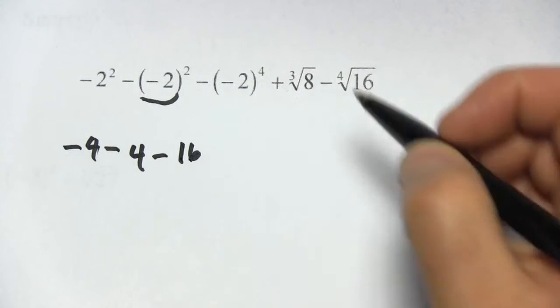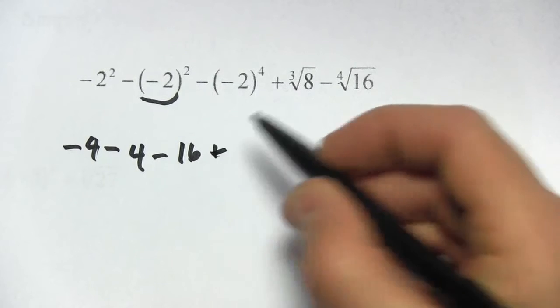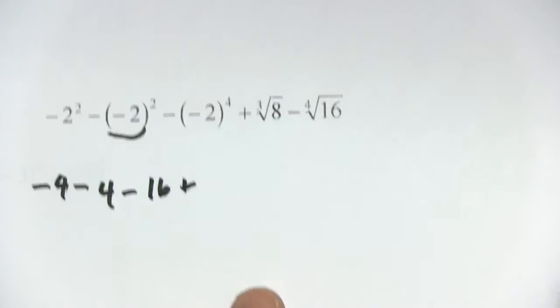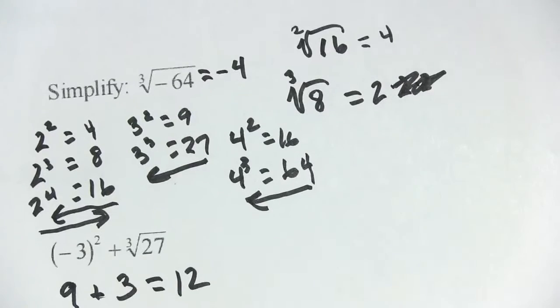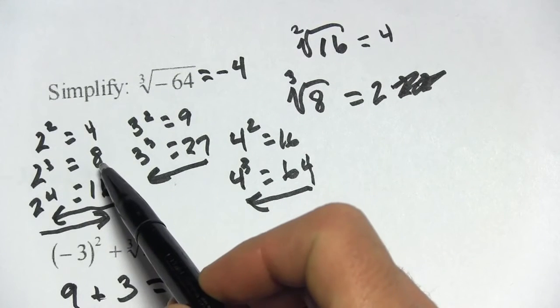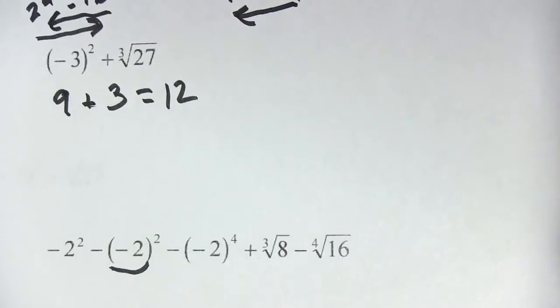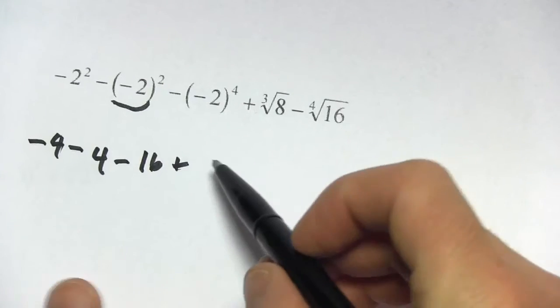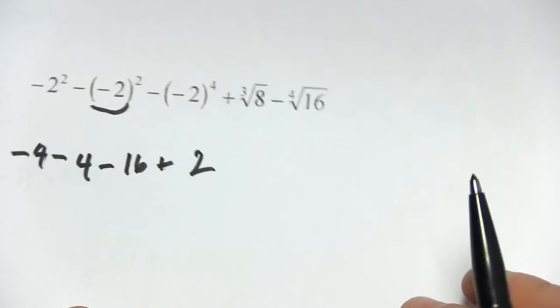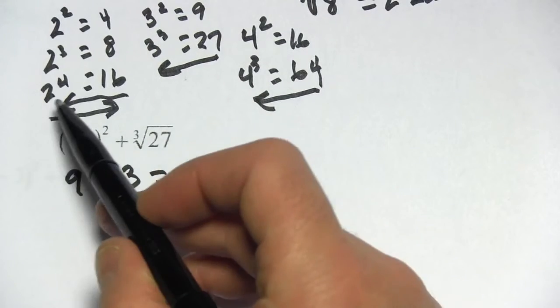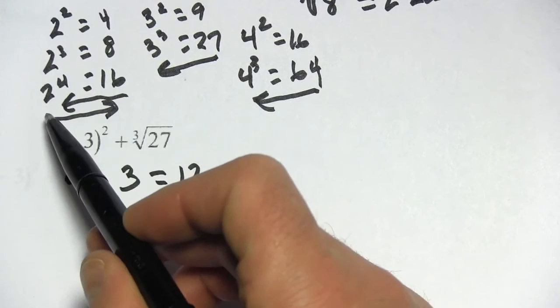So that's just 16. Then we have some roots. So first of all, we have the cube root of 8. If I look back up at my notes, I notice that 2 cubed is 8, so the cube root of 8 is going to be 2. So that's 2. And then we have a minus sign, and then we have the fourth root of 16. I know that 2 to the fourth is 16, so the fourth root of 16 is 2.